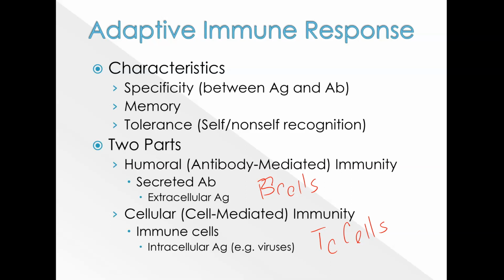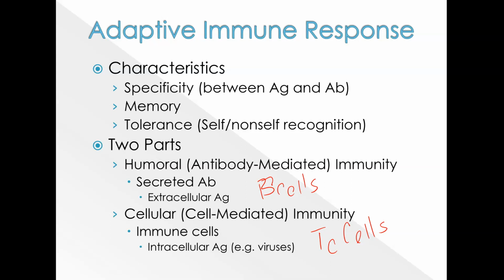And they also have a difference in what they target. The humoral immune response typically targets extracellular antigen. So if we have bacteria in our bloodstream, bacteremia or septicemia or something like this, it would be handled mostly by our humoral immune response.